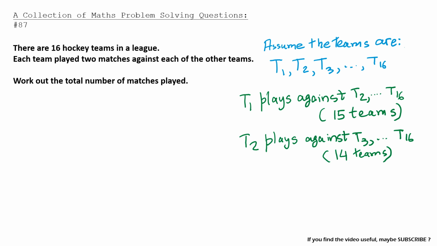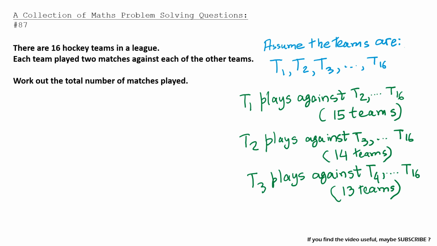or 14 matches. And similarly T3 will now play from T4 to T16, because T3 will have played T2 before, and T3 will also have played T1 before. So here only 13 teams now, or 13 more single matches.